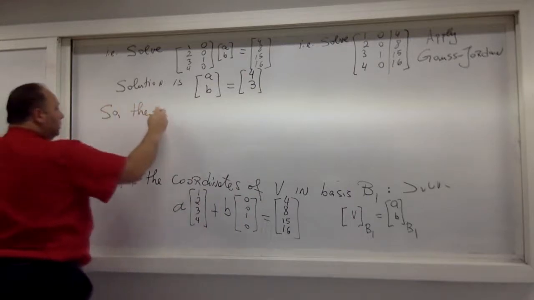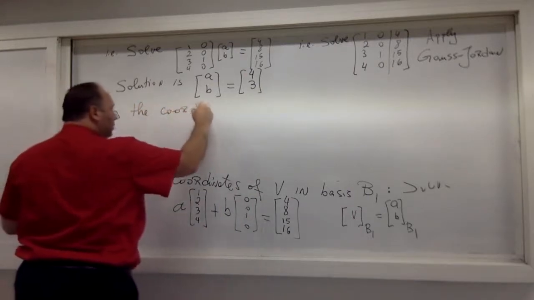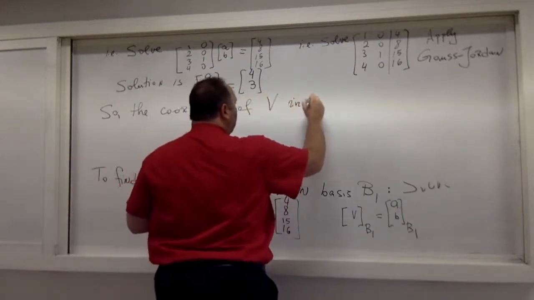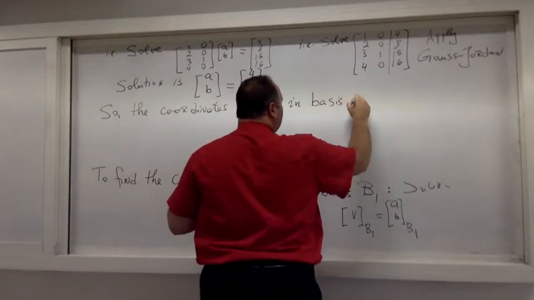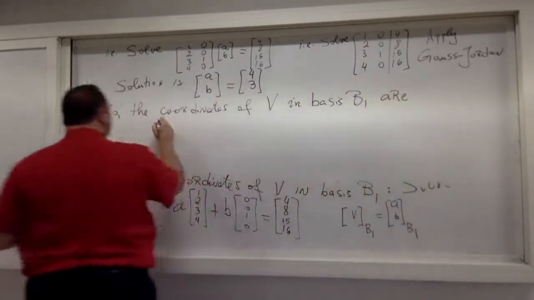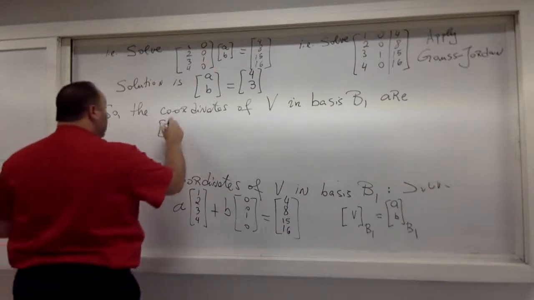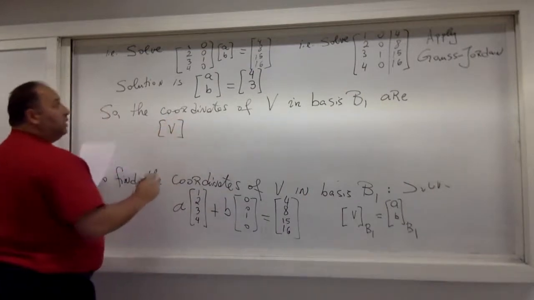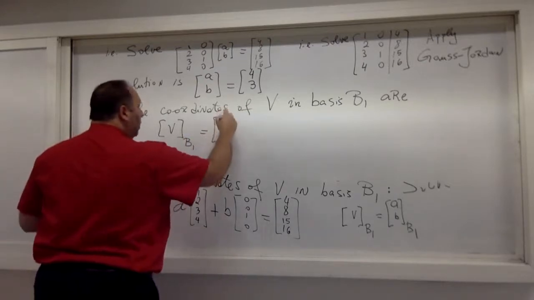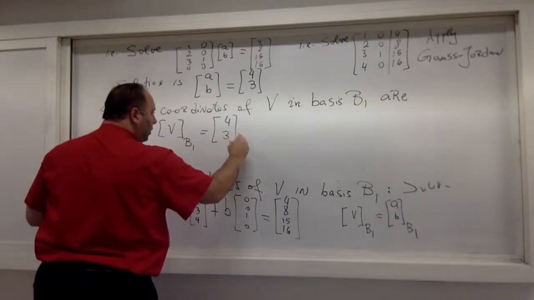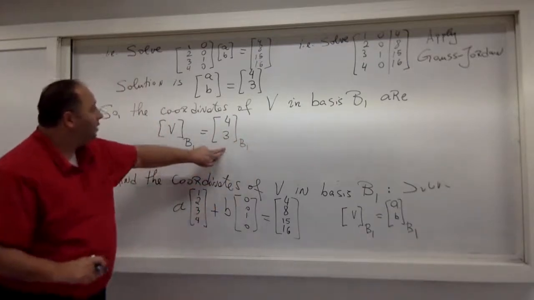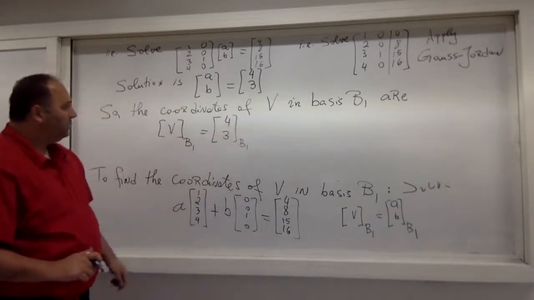So the coordinates of vector v in basis b1 are, so how do we write it? Some people write using square brackets, some round brackets, doesn't matter really. So that's what it is. These are the coordinates of vector v in basis b1.